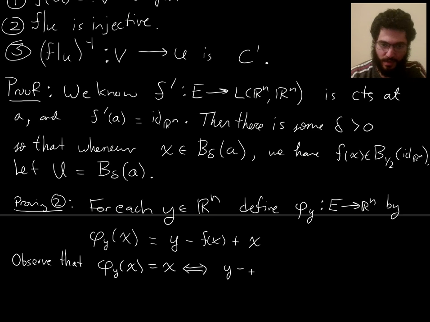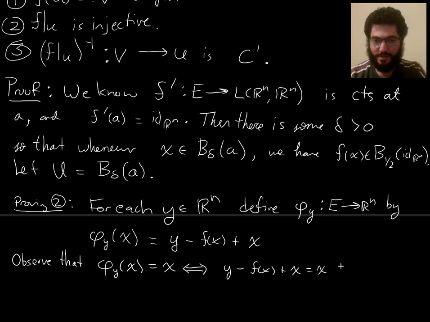You'd have to have y minus f of x plus x equal x, right? So in other words, y minus f of x would have to equal 0. So in other words, y would have to equal f of x. So for x to be a fixed point of phi sub y is for x to be one of the preimages of y, one of the inputs that map to y as an output.